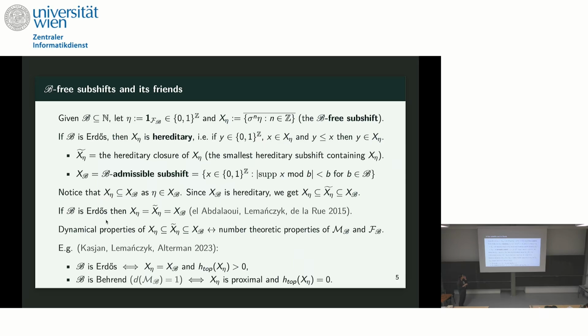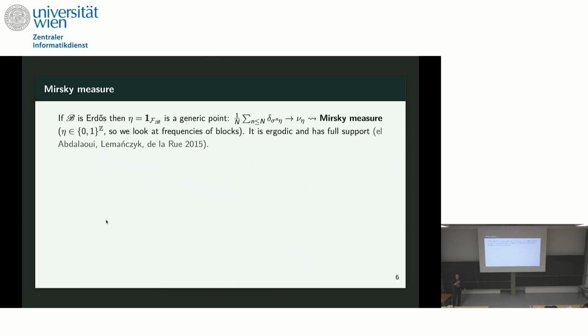these two approaches. Okay, so I want to concentrate mostly on dynamics. So I need to introduce something called the Mirsky measure. So what is this? So if B is R dash, so squares of primes are your example that you should keep in your head, then the characteristic function of B3 integers is a generic point.